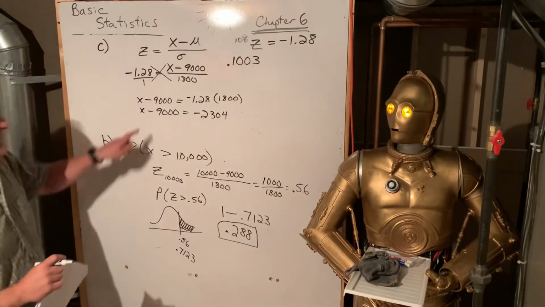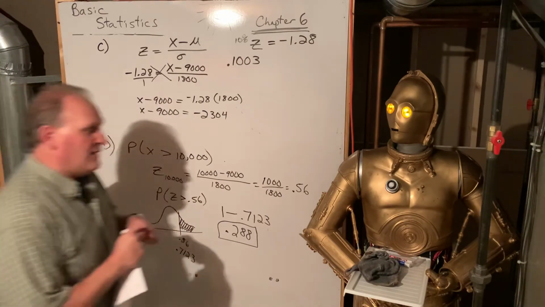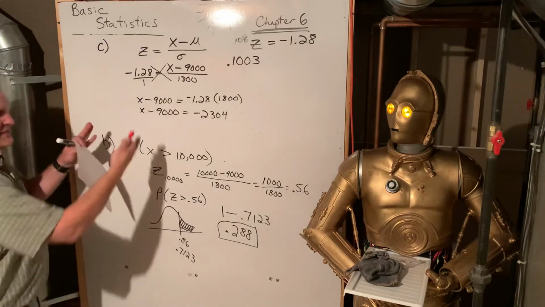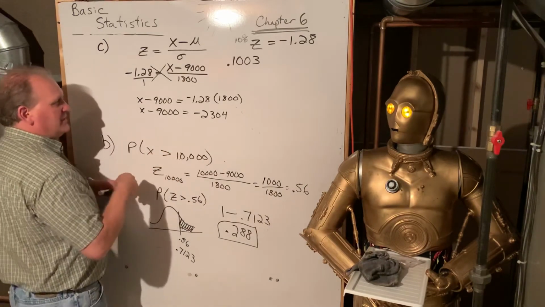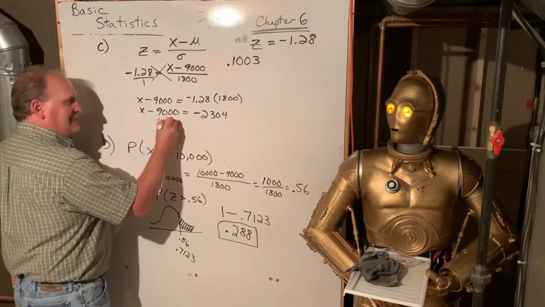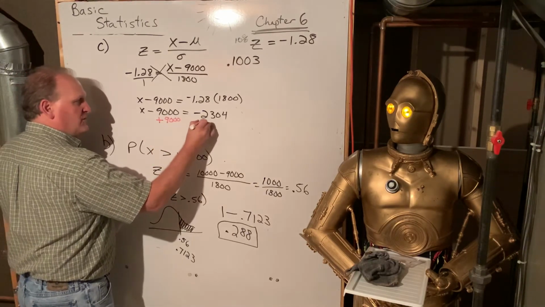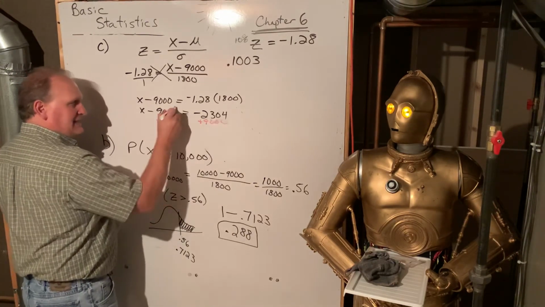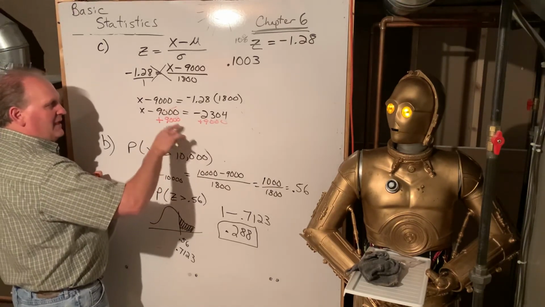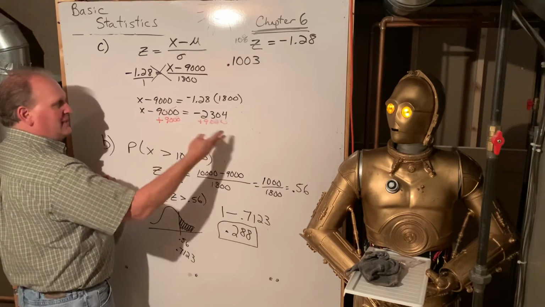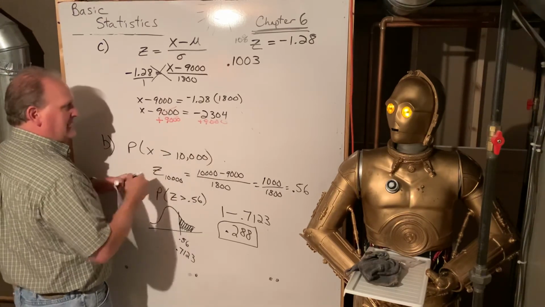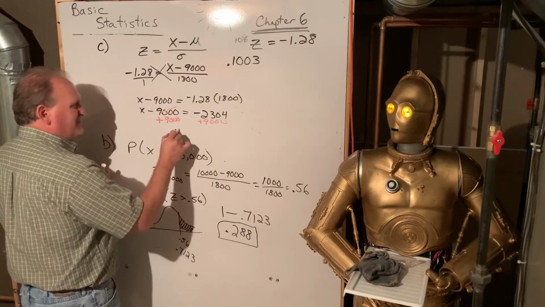And now we want to isolate the variable. We want x all by itself. Be careful. Don't skip steps on this one. There aren't a lot of steps in solving this equation, but there's one, and it's kind of important. Add 9,000 to both sides. And then that cancels that out. Lots of students like to skip the algebraic step, and then they just see a minus, and they put them both in as negatives, and they tell me something silly like negative $11,000. It couldn't be negative.